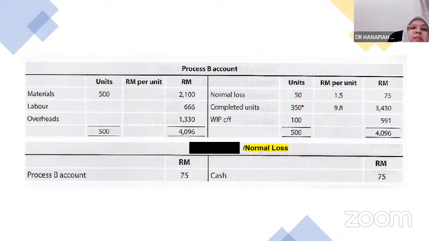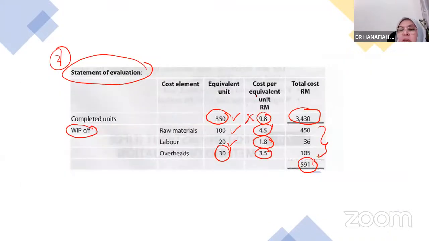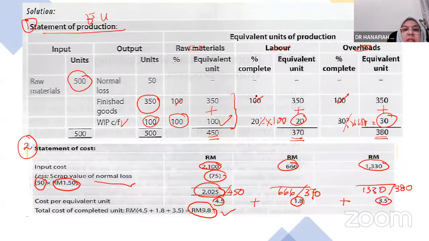Okay. Again, you have material 2001, 660, 1330. You have the normal loss here, 50 times 150, and it is 75. Where do you get the completed unit? It is from the statement. The completed unit is 350.